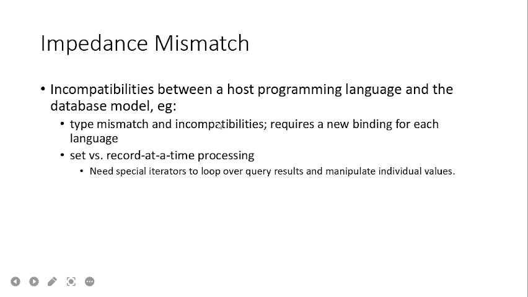So this is a type mismatch or an incompatibility requiring a new binding for each language, which means a different binding is needed for each programming language because different languages have different data types.